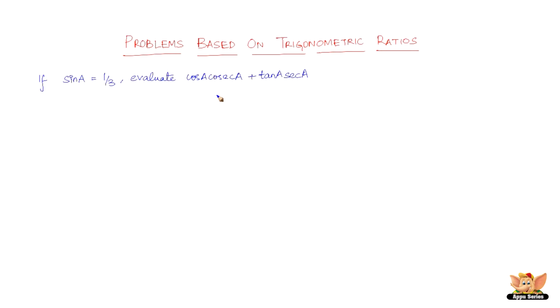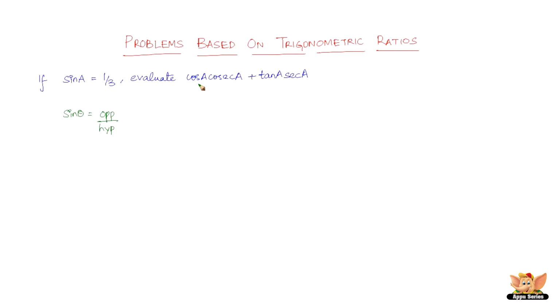Now let's proceed to solve this problem. Now we've got the data sin A equals 1 by 3. So the function sine of theta equals opposite by hypotenuse. Now we also need to find the value of this total expression, which involves cosine and tangent.